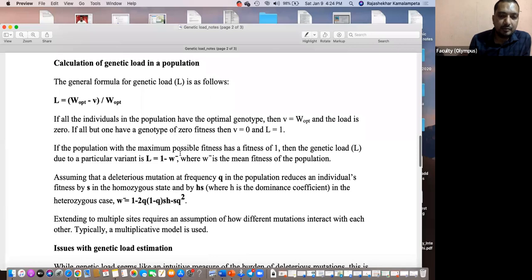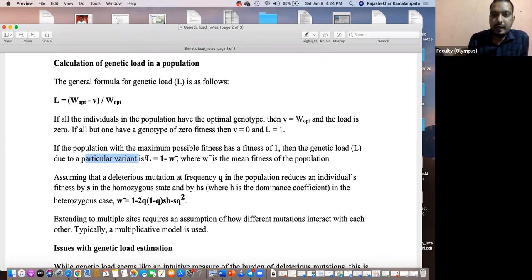If a population with maximum possible fitness has a fitness of 1, then the genetic load due to a particular variant, how do you calculate load in that case? The maximum fitness is 1, correct? So load can be calculated by L equal to 1 minus W bar. So this is the optimal mean fitness of a population.